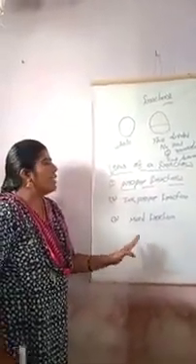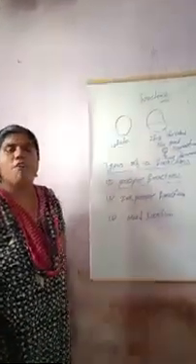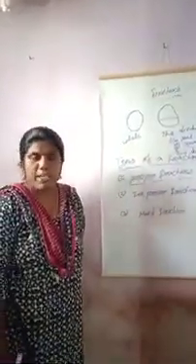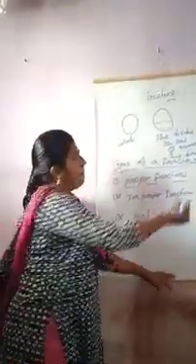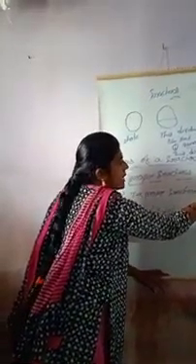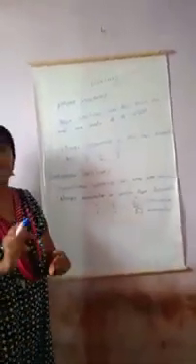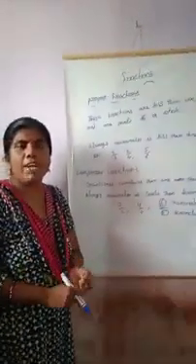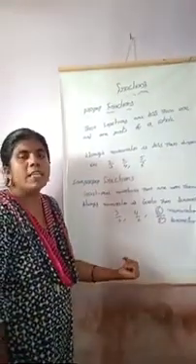First, we discuss the proper fraction. What is a proper fraction? A proper fraction is less than 1. Types of fractions: first is proper, second is improper, third is mixed.